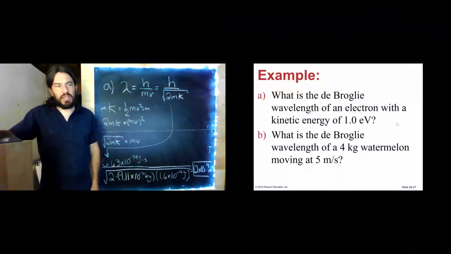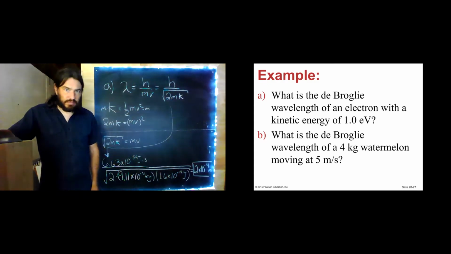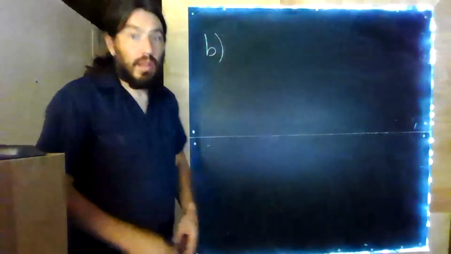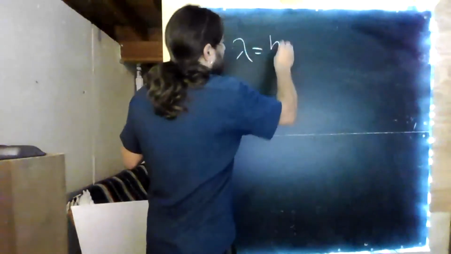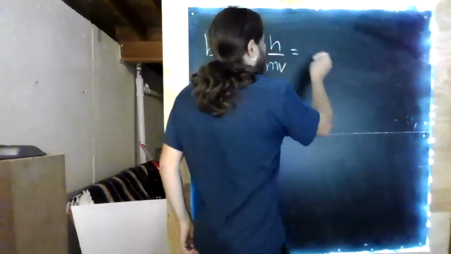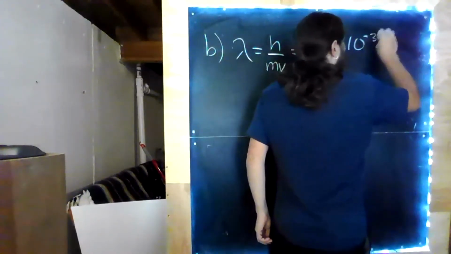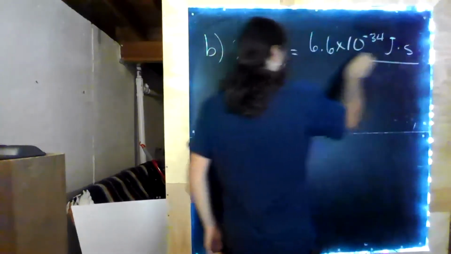How does that compare to the de Broglie wavelength of a 4 kilogram watermelon moving at 5 meters per second? Well, let's just see. So here we have, again, lambda equals h over mv. We don't need to do anything fancy here. So this is just 6.6 times 10 to the negative 34 joule seconds.